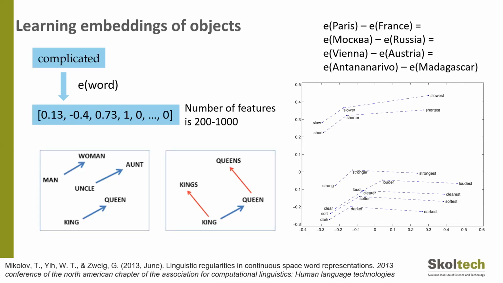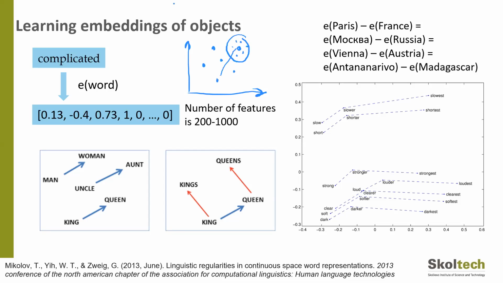We have these words, and for these words we have embeddings that belong to some space, in this case two-dimensional. If two points are closer to each other, then maybe they have close meanings. And if they are far away, then there is nothing in common between these two words.